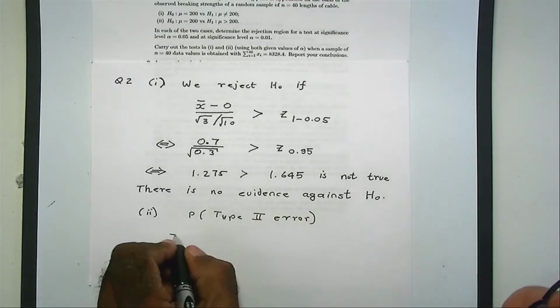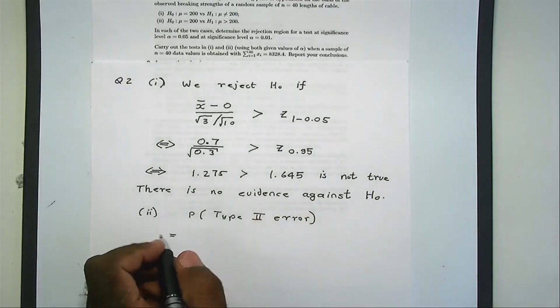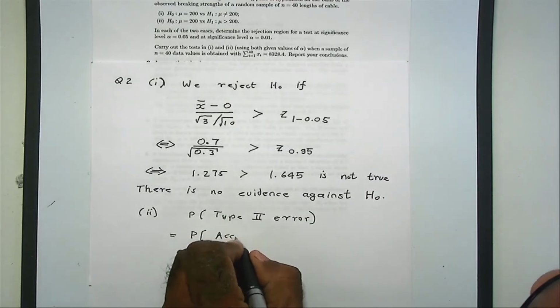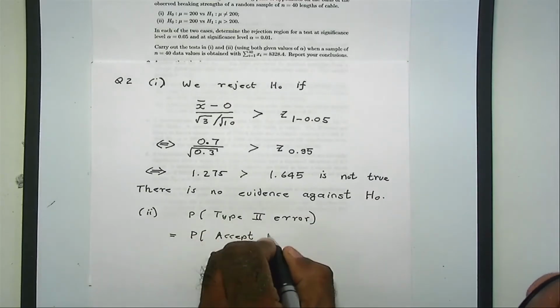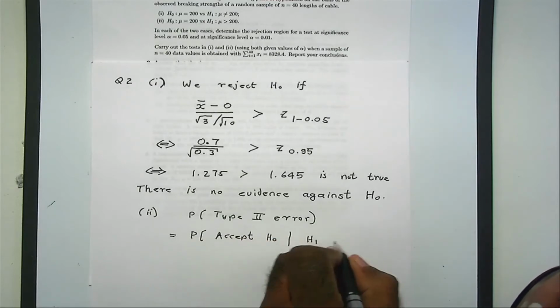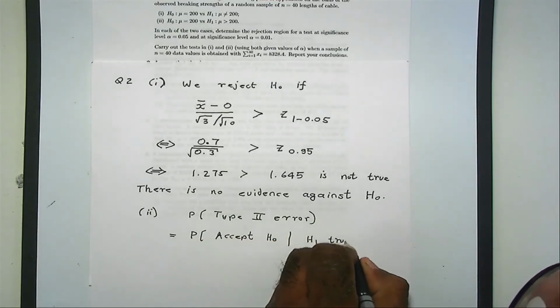Remember that the probability of type 2 error is the probability of accepting the null hypothesis when H1 is true.